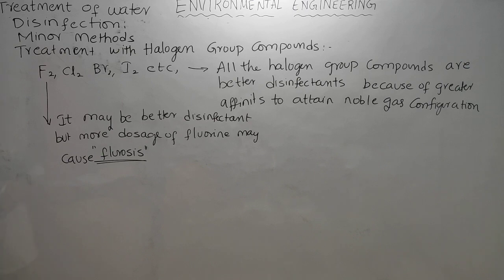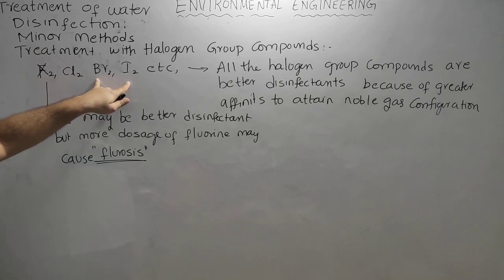That is why it will react with calcium present in our bones and teeth and cause deformation of the bones, which is called bone fluorosis, or deformation of teeth, which is called dental fluorosis. That is why generally we don't prefer this as a disinfectant. We will discuss Cl2 afterwards.